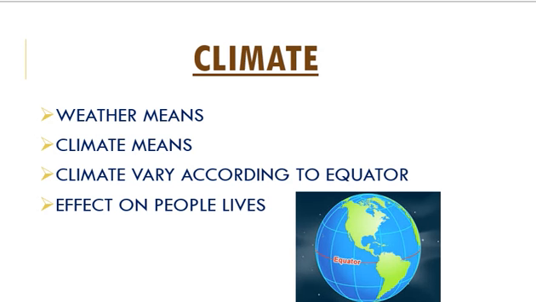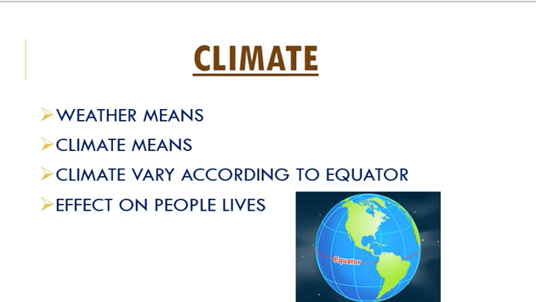The climate can also be very dry or wet, which shows that rainfall is an important factor in deciding the climate of a region. For example, if a region has a lot of rainfall, it will be suitable for farming and vegetation.